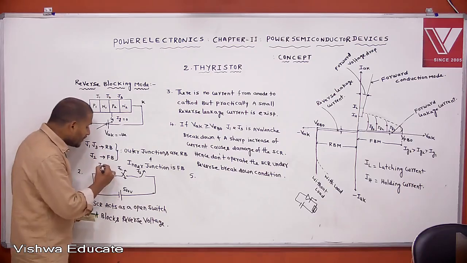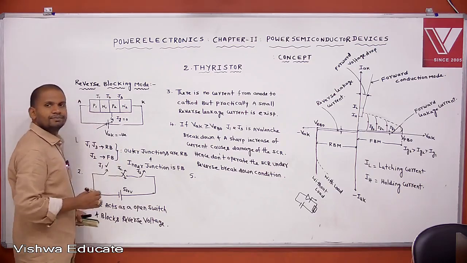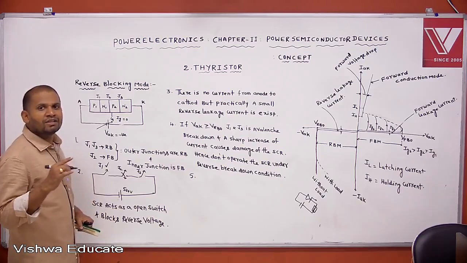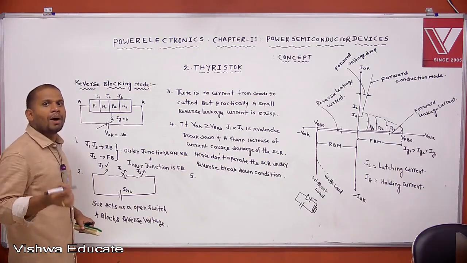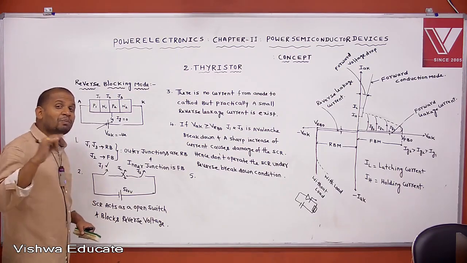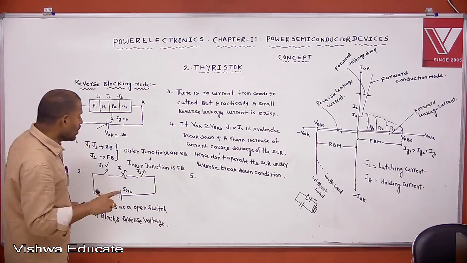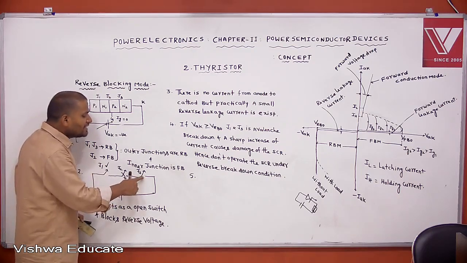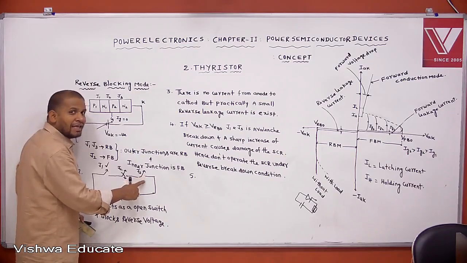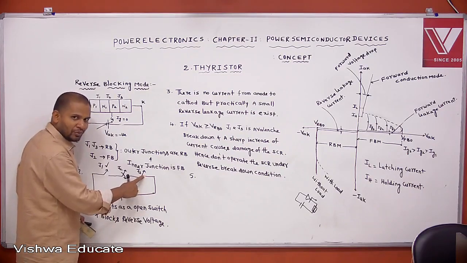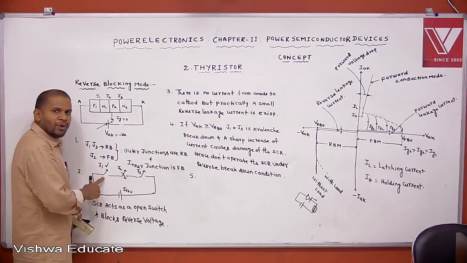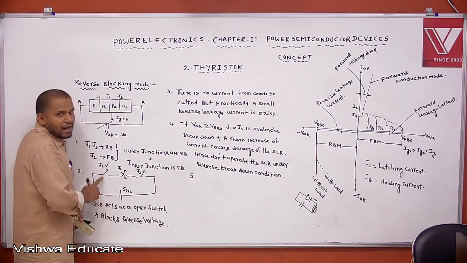Yes, J1 blocks the high voltage. Under reverse blocking mode of operation, among all the junctions, J1 blocks the high voltage, because J3 is a junction between highly doped and less highly doped regions, while J1 is the junction between less highly doped and less doped regions.